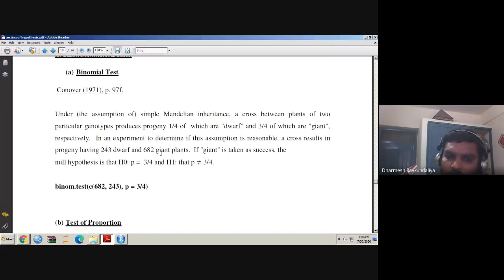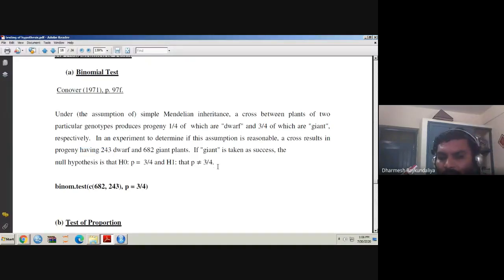So in an experiment to determine if this assumption is reasonable, a cross results in a progeny having 243 dwarf and 682 giant plants. So the total plants are given: 682 are giant and 243 are dwarf.